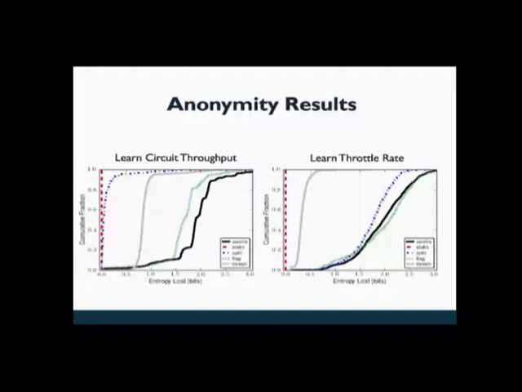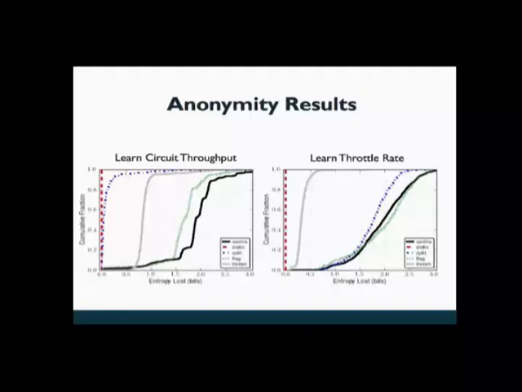On the left graph, we're seeing what an adversary can learn given that he knows the throughput of the circuit. Essentially, if the adversary controls a server and he can determine the throughput of a circuit, how can he reduce the set of potential guard nodes that could be at the other end of the circuit? In order to reduce his uncertainty about the guard node, he can test the throughput of the circuit and try to determine this.